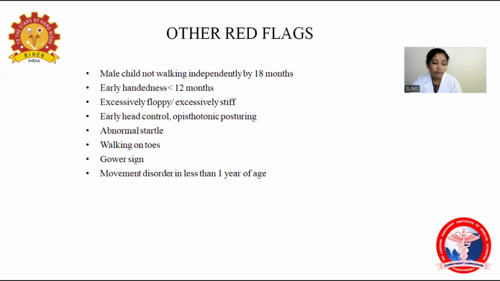Whenever a child is brought in with developmental delay, we have to take a proper history. We have to elaborate the history and identify which domains are affected. Next, we identify the red flag signs as already mentioned.